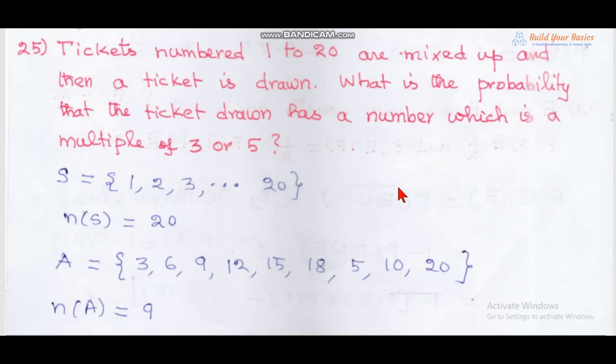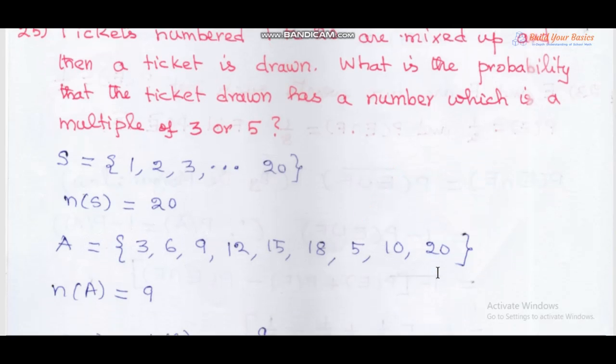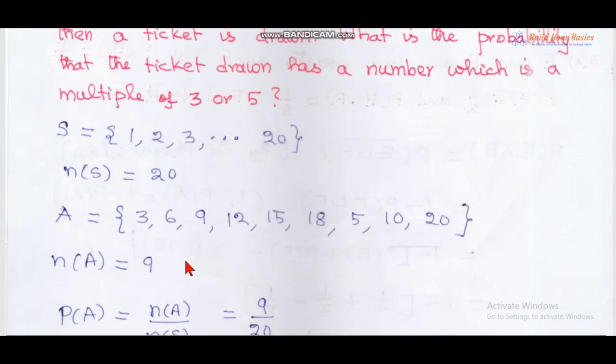Number of elements in the sample space is 20. The event A is getting a number which is a multiple of 3 or 5. So the event A may be described as 3, 6, 9, 12, 15, 5, 10, 20. Number of elements in A is 9.